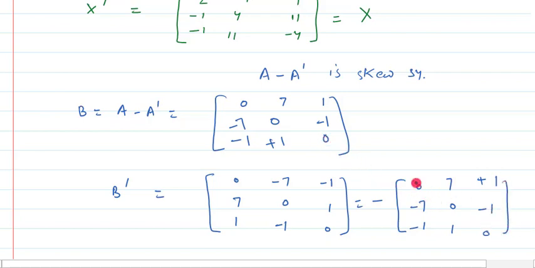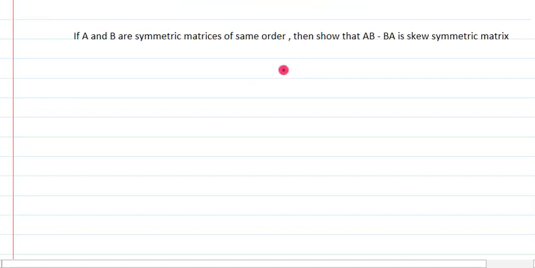So we can write it as minus B. So clearly B transpose is equal to negative of B and hence A minus A transpose is a skew symmetric matrix. You can prove the result easily by taking any example of a matrix.